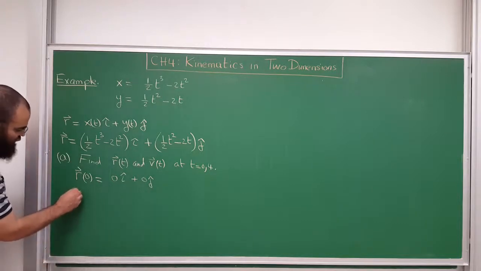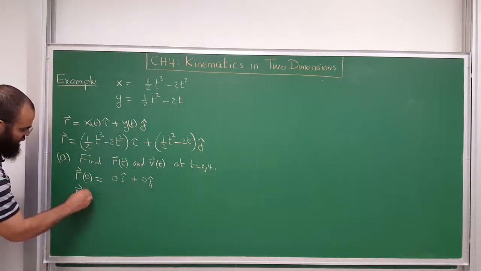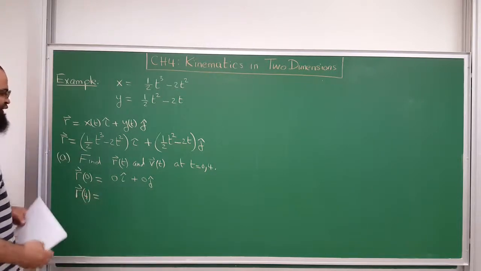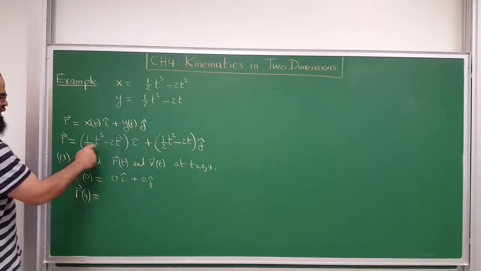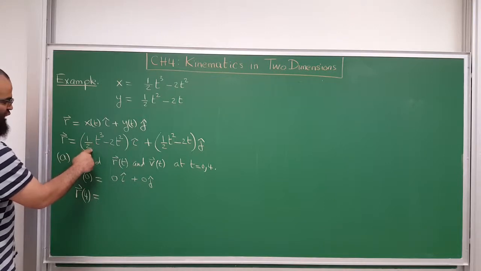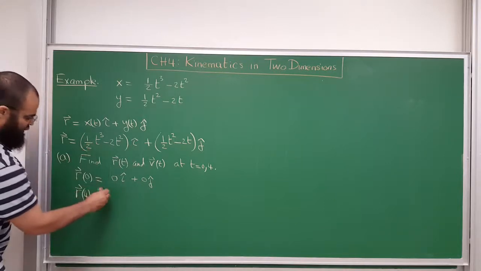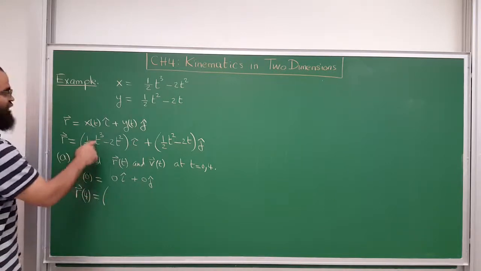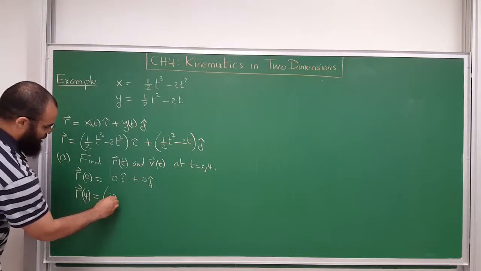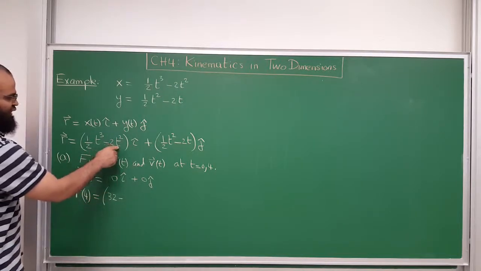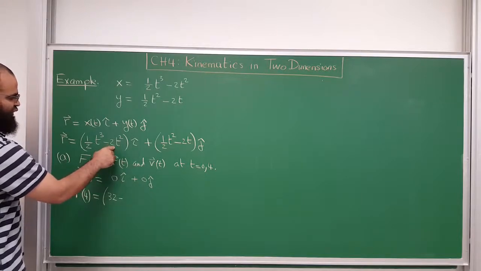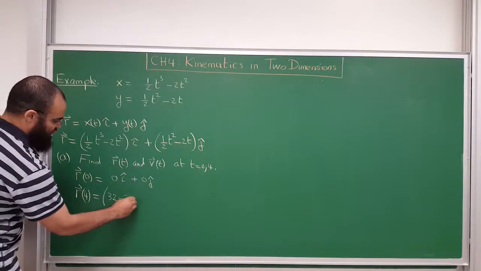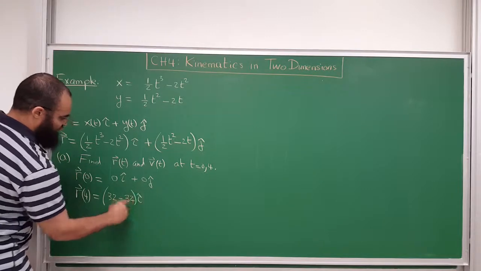How about at 4 seconds? You plug in 4 seconds here. 4 cubed is 64, and 64 over 2 is 32, minus 4 squared is 16, and 16 times 2 is 32, so 32 minus 32, i hat, that will give us a 0.